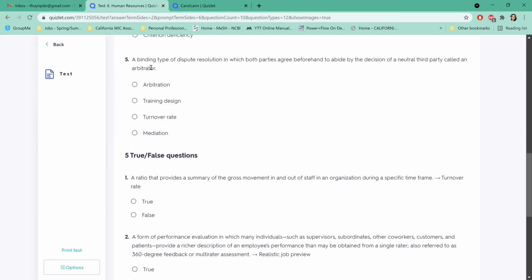And last question for this section, a binding type of dispute resolution in which both parties agree beforehand to abide by the decision of a neutral third party called an arbitrator. Is it A, arbitration, B, training design, C, turnover rate, or D, mediation?